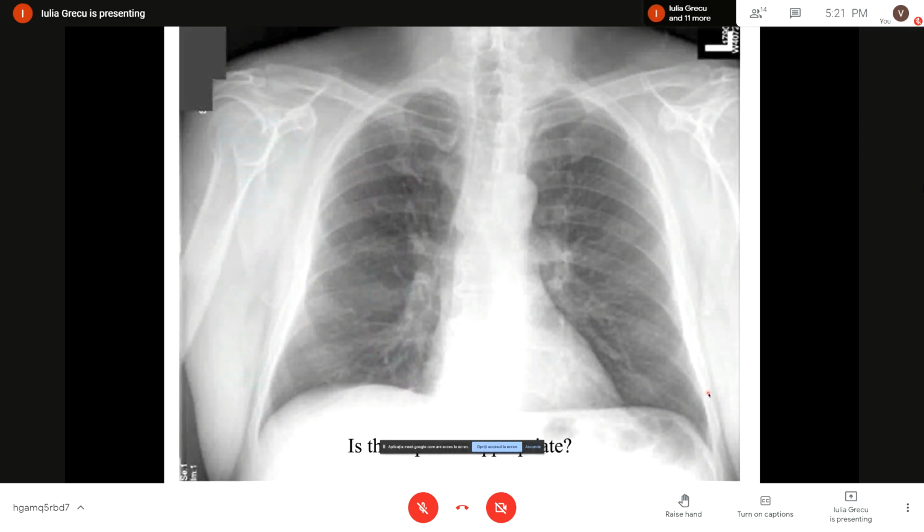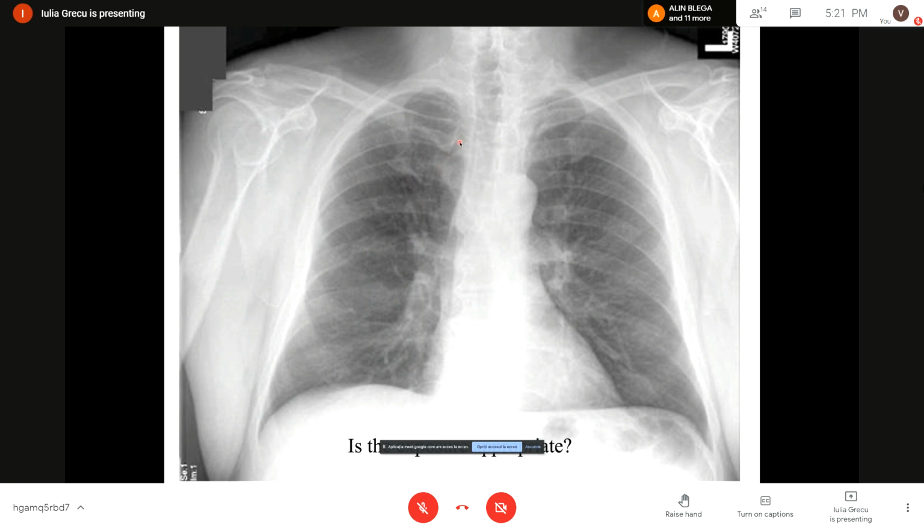The next thing that we have to do is to determine if the exposure of the patient was done correctly. It means that if we do not adjust the quantity of X-ray that we direct to the patient, the overall appearance of the chest X-ray can be altered.